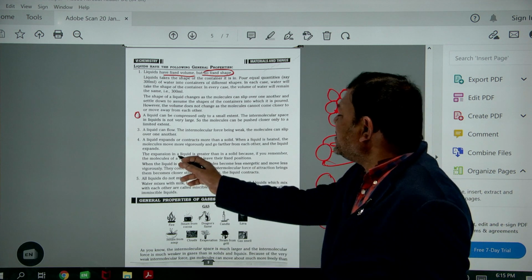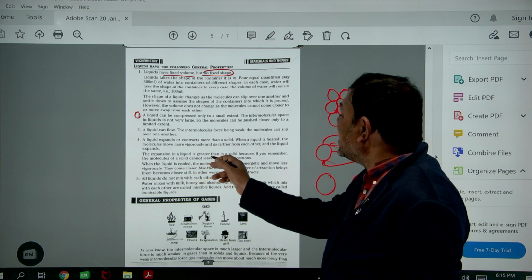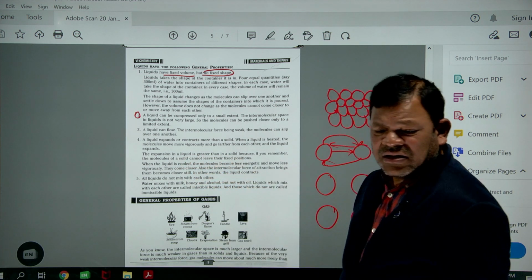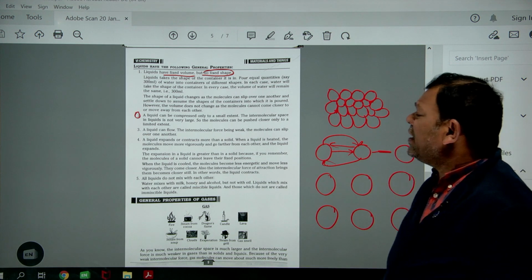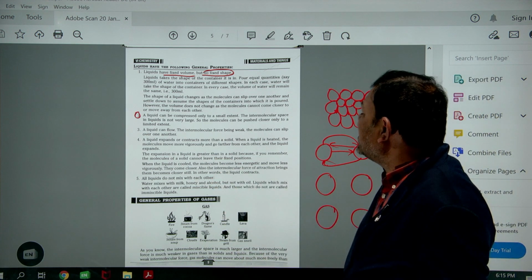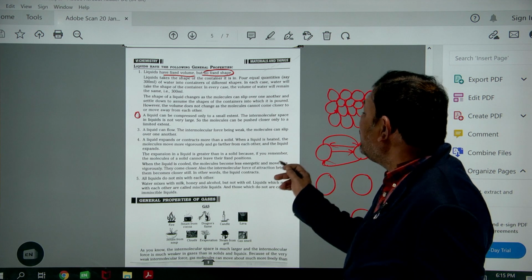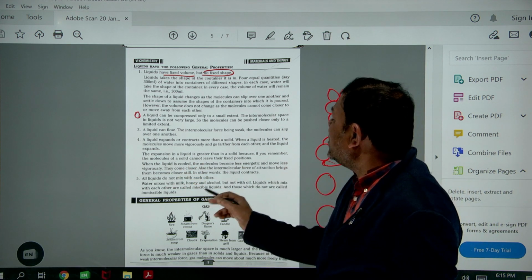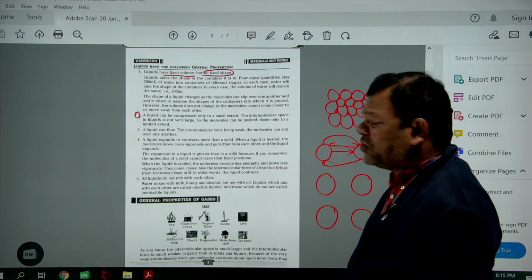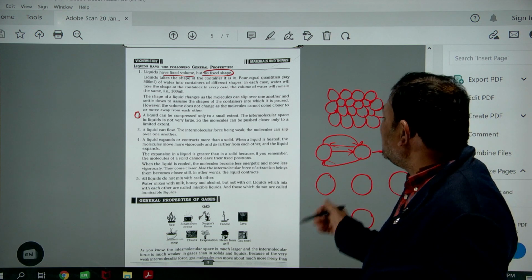The expansion of a liquid is greater than that of a solid. That is another important point. The expansion of the liquid is greater than the solid because, if you remember, the molecules of the solid cannot leave their fixed position, but liquid molecules can move.